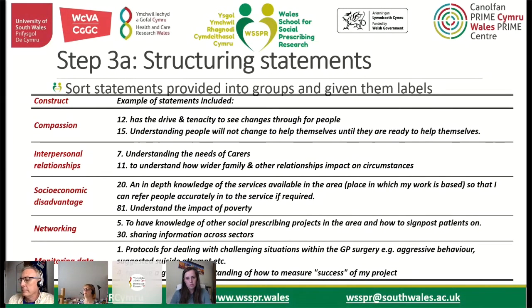And you can see examples here, the statements included within each of those clusters. For example, compassion, statement 12 and 15: has the drive and tenacity to see change through for people, understanding people will not change to help themselves until they're ready to help themselves. So you can see how different those statements are.